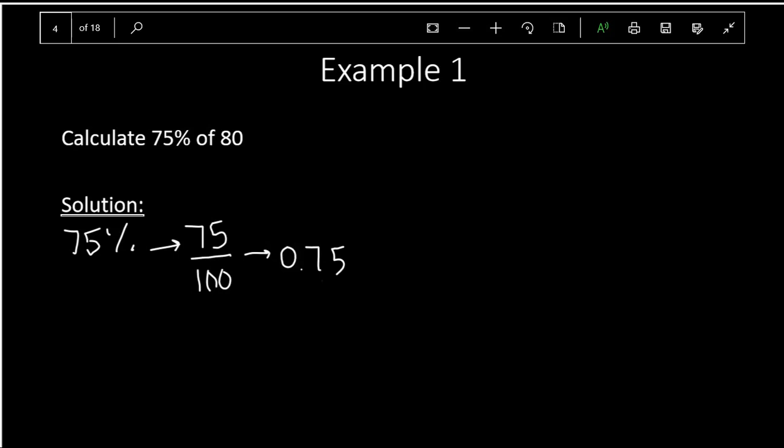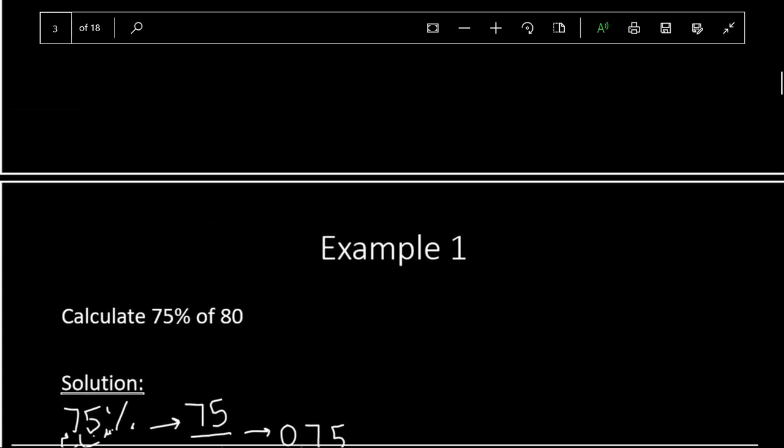Another way, if you are a little bit more advanced with math, you would just know: you have 75, there's a decimal point there. Whenever you divide by 100, which is what you would be doing, you move the decimal place 2 places to the left, which will give you 0.75 like I found just before.